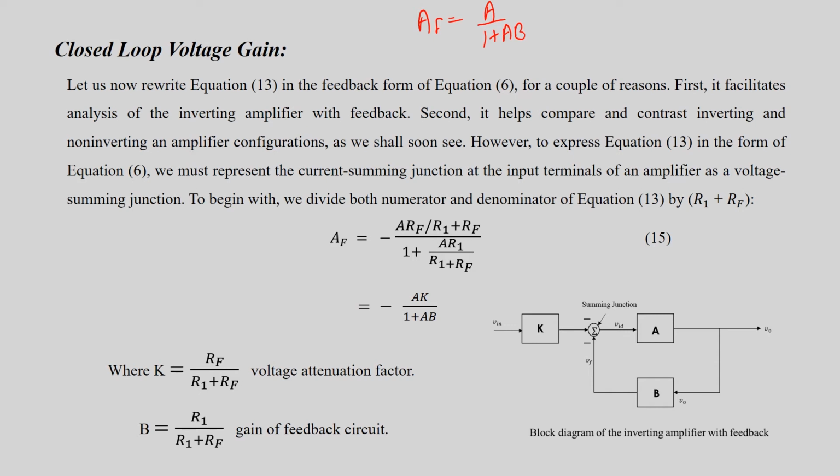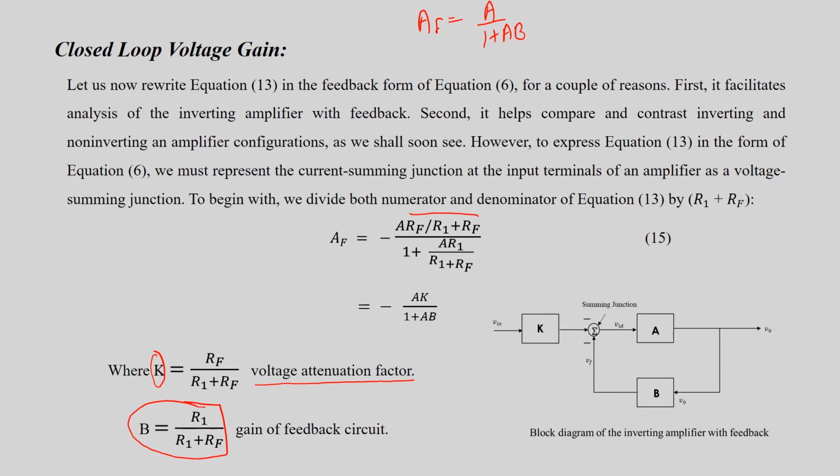Which can be written as minus AK over 1 plus AB, because B is R1 over R1 plus RF, which is the gain of the feedback circuit. Now we can write RF over R1 plus RF equal to K. This is also called the voltage attenuation factor.